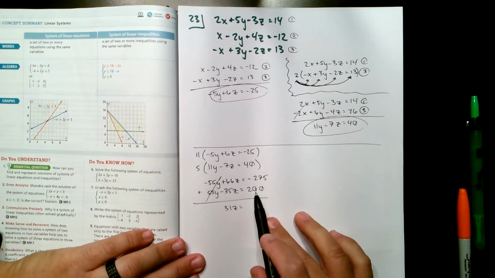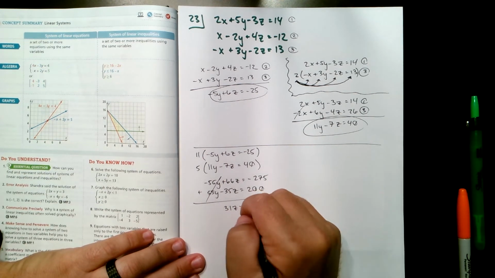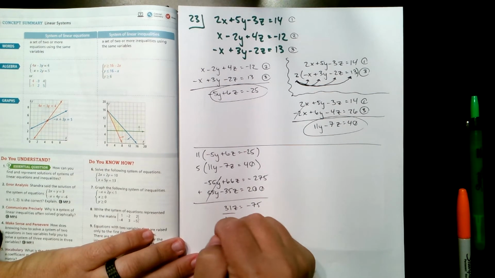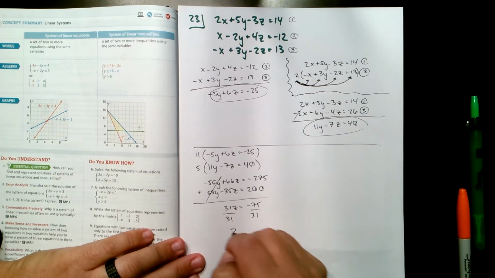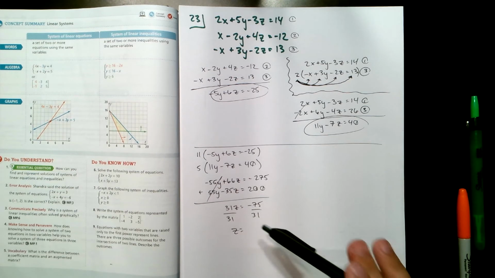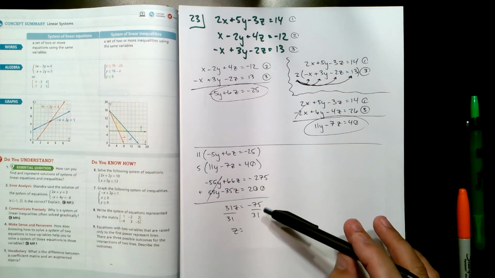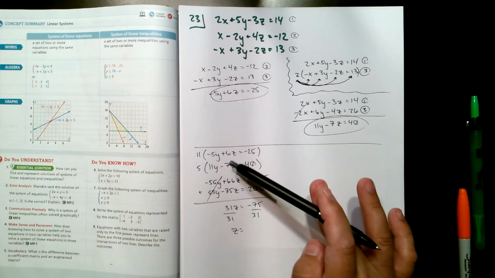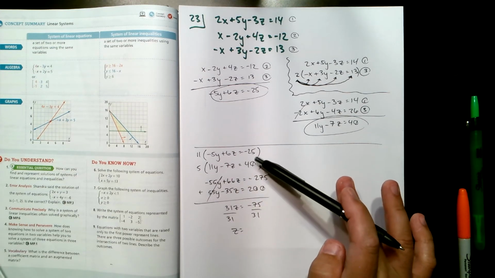So here, if I add these together, my y's drop out. 66 minus 35 is 31. Negative 275 plus 200 is negative 75. Divide both sides by 31. And I get z equals... I think I made a math error because it's not a fraction.